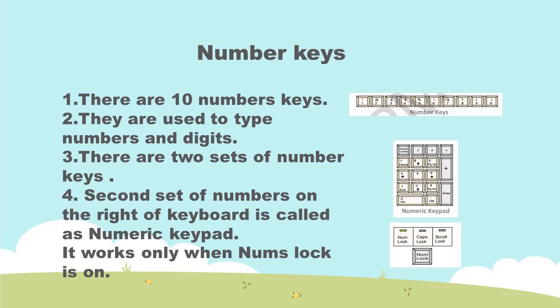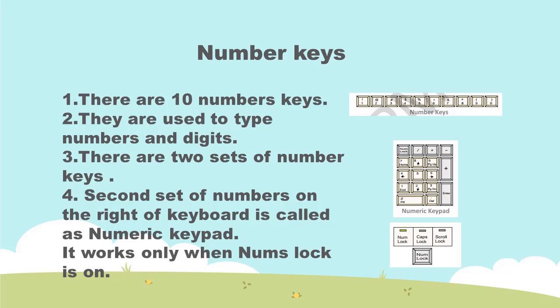Now children, here in this slide you can see that there are number keys, and there are two types of number keys present on the keyboard. Okay, there are 10 number keys from 0 to 9. They are used to type numbers or other digits also. There are two sets of number keys. The first one is present on the right hand side and the second one is present on the second line, above the alphabet keys.